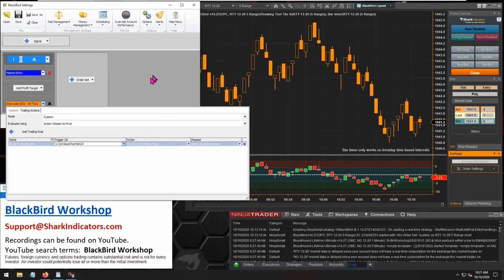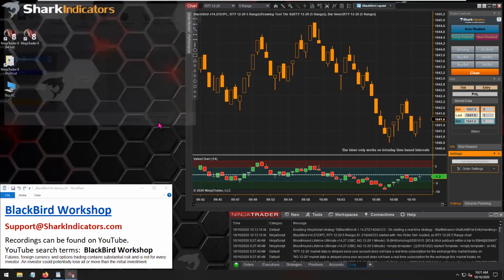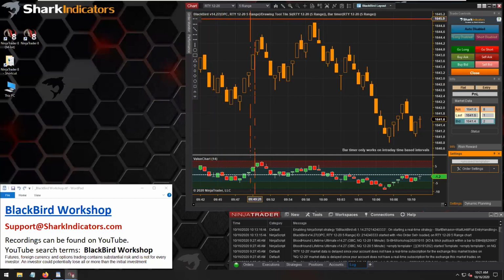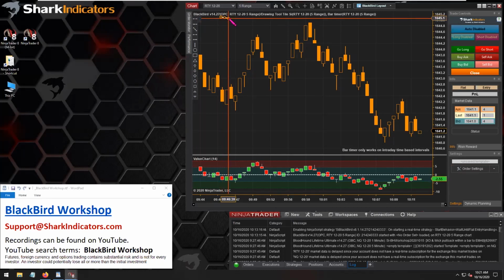And again, remember, we had to set BlackBird to run on price change. In order to evaluate an indicator in real time, you had to change the calculate mode of what NinjaTrader calls the host.